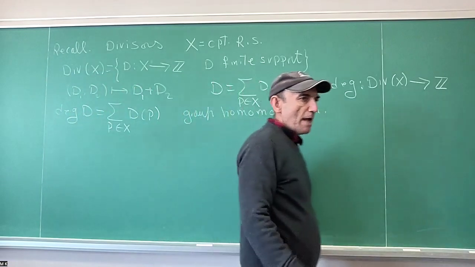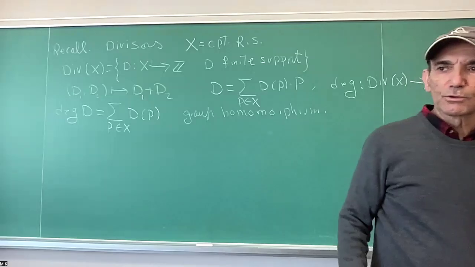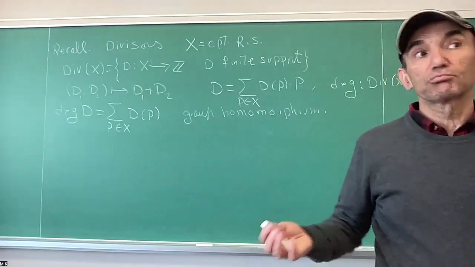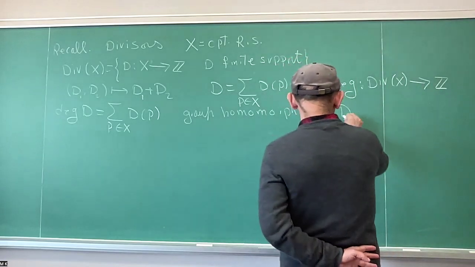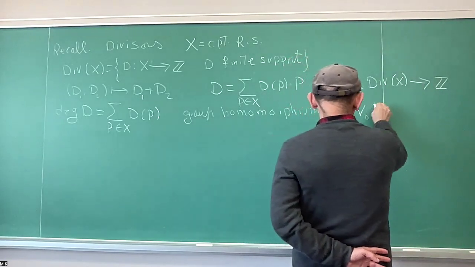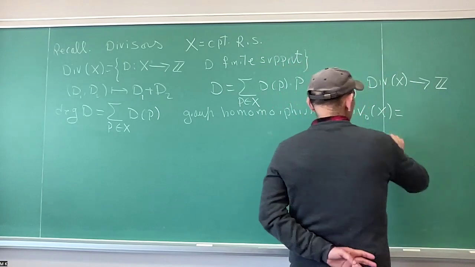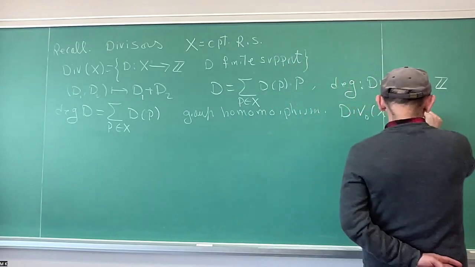And we define the kernel of this group homomorphism to be just the degree 0 divisors, Div^0(X), the group of degree 0 divisors.